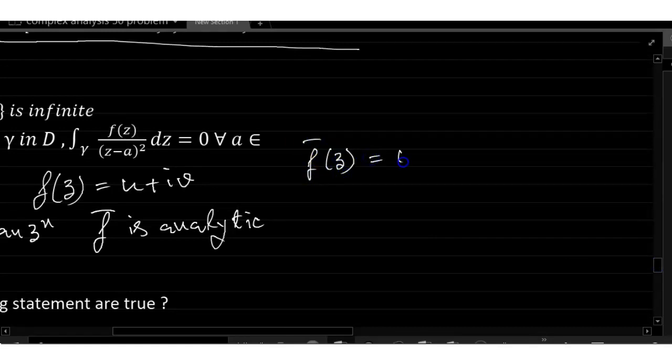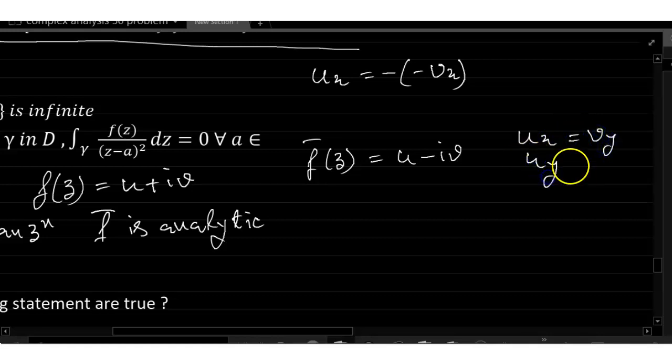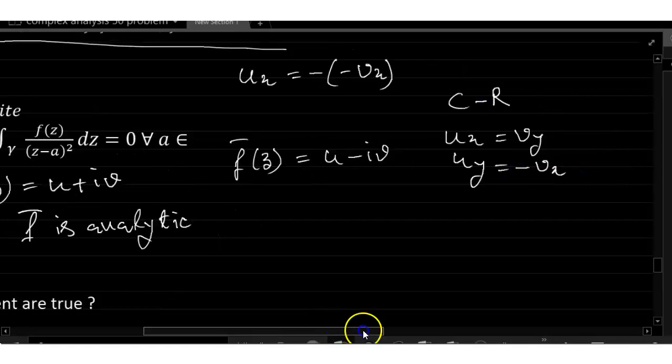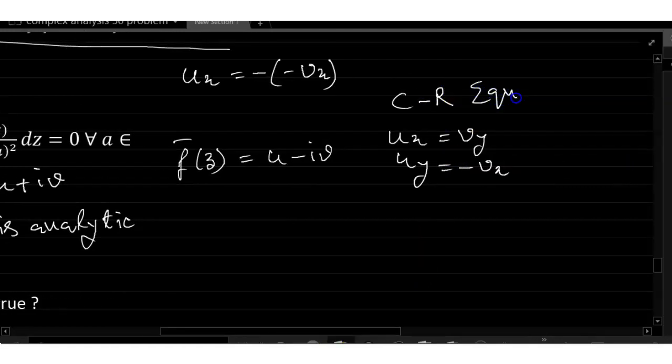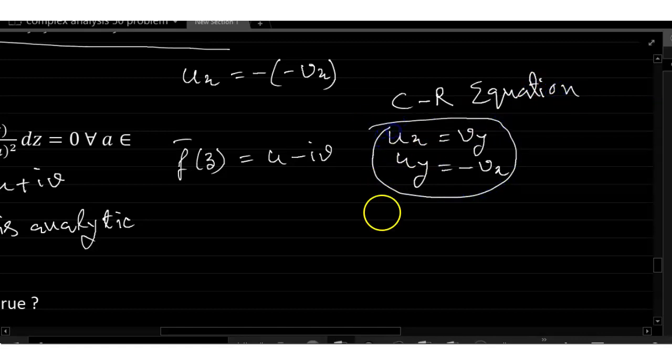f bar z is equal to u minus iv. So this is analytic. But here the equation u_x equals minus of minus v_x. Here, since f is analytic, by the Cauchy-Riemann equations, u_x equals v_y and u_y equals minus v_x.